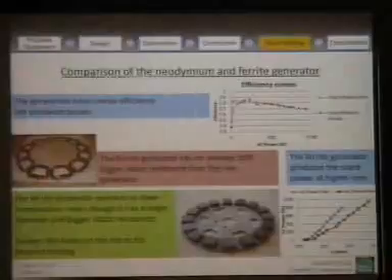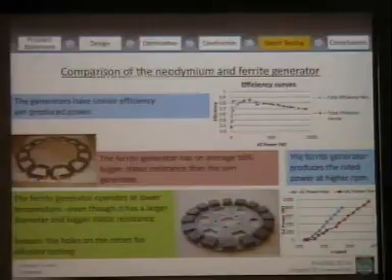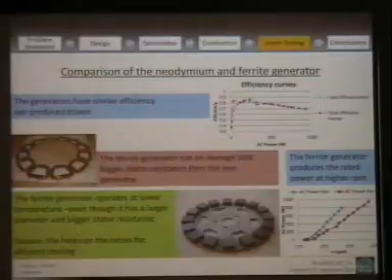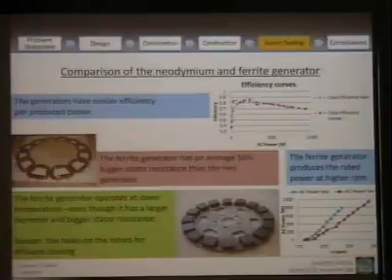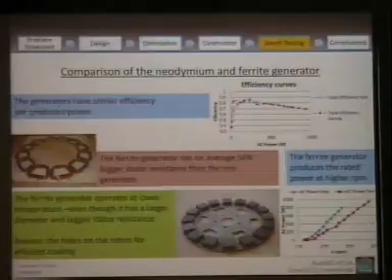We observed that the generators had similar efficiency per produced power. Also, the ferrite generator, which was the aim of the project, produces the rated power at higher RPM. It has a bigger stator resistance, and it operates at lower temperature because of the holes that we opened for cooling.